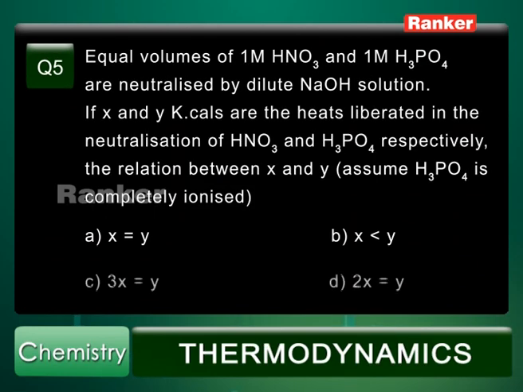Question number 5. Equal volumes of 1 molar HNO3 and 1 molar H3PO4 are neutralized by dilute NaOH solution. If X and Y kilocalories of heat are liberated in these reactions, find the relation between X and Y. Assume H3PO4 is completely ionized.